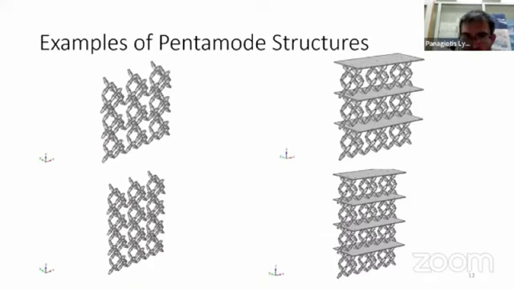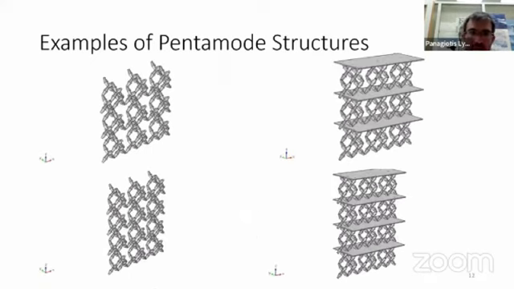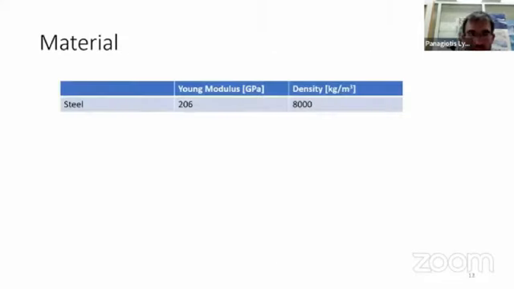As you can see, we have used 3 unit cells towards the x-axis, 1 towards the y-axis, and we have used 1 layer, 2 layers, 3 layers, and 4 layers, with and without confinement plates. We have used steel as material with these properties.